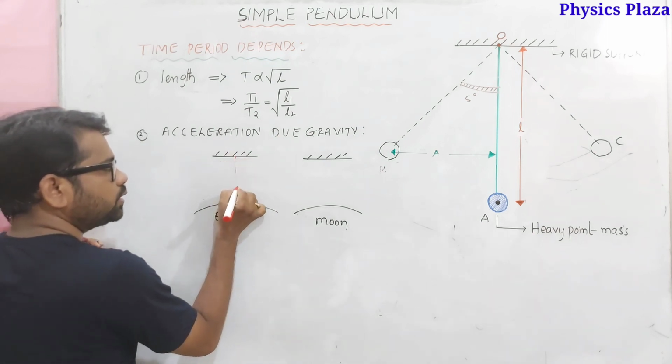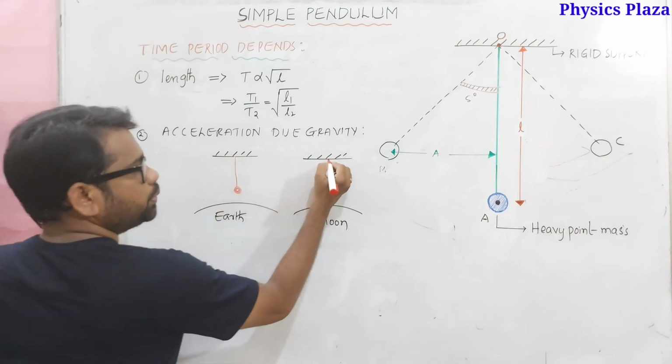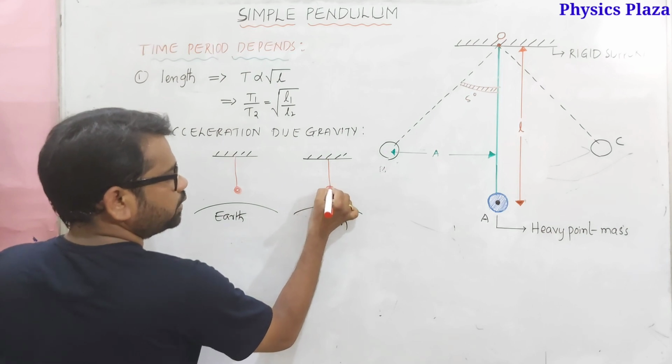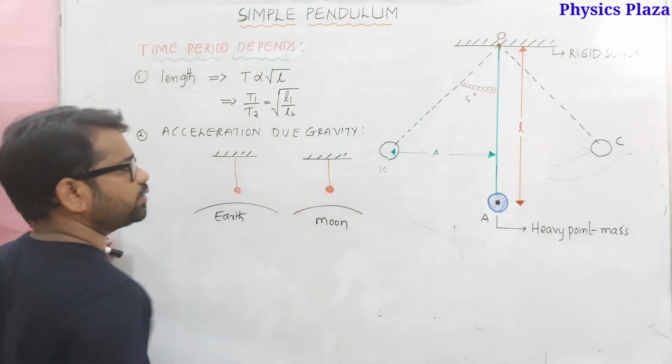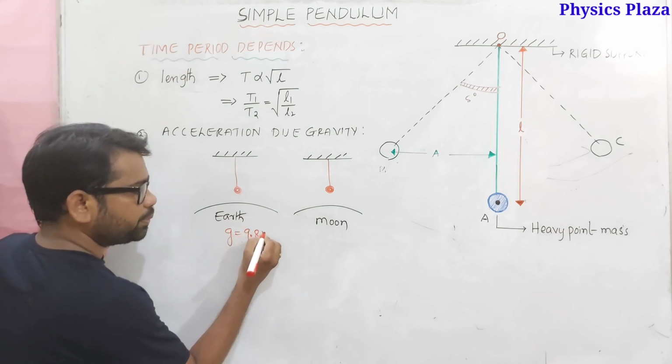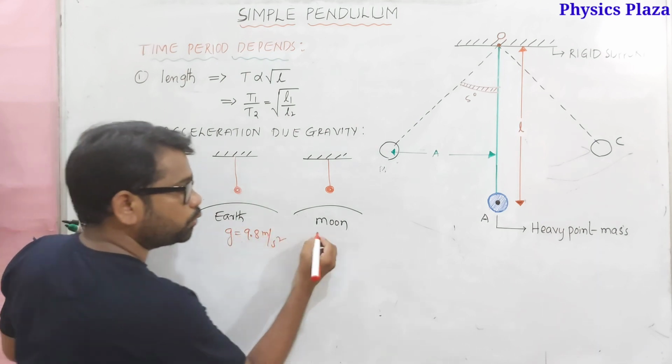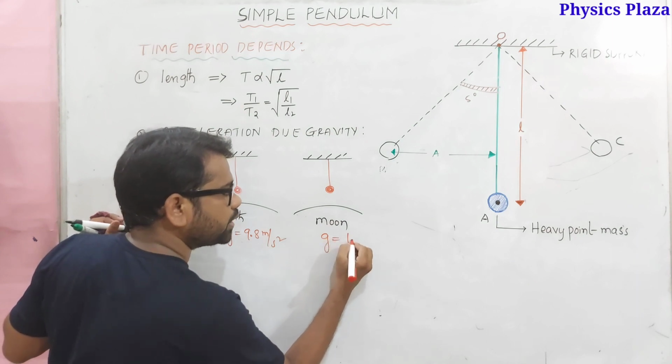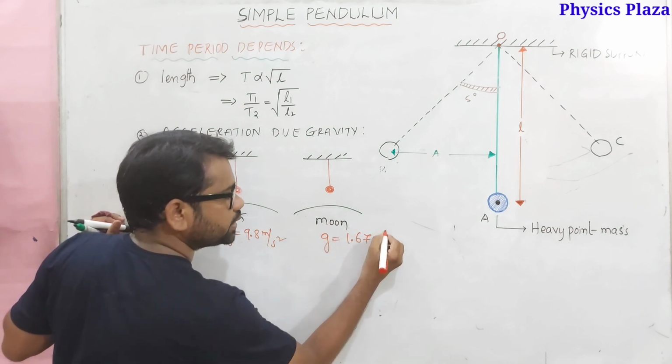So here is a simple pendulum and here is one more simple pendulum. We know that on the earth surface g is equal to 9.8 meter per second square, whereas on the moon surface it is 1 by 6 times, approximately 1.61 meter per second square.